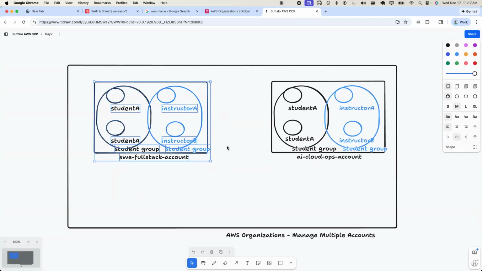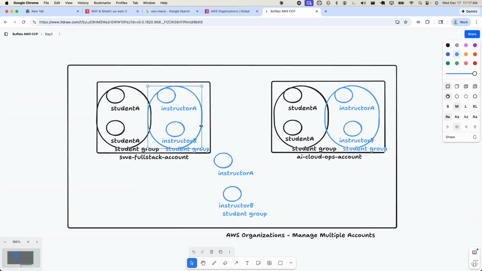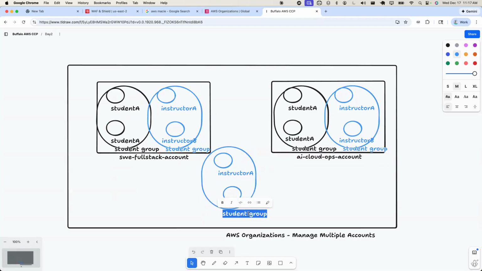But then, it'd be nice if I didn't have to add the instructors in both. And let's grab this as well. This is the instructor group. These are not students, these are instructors as well.